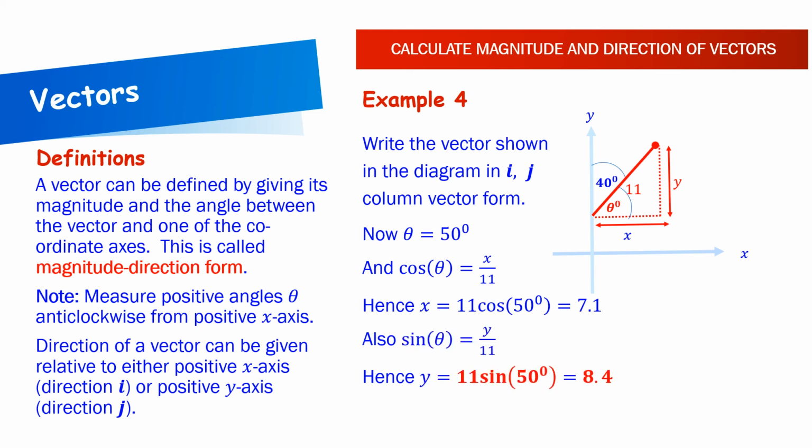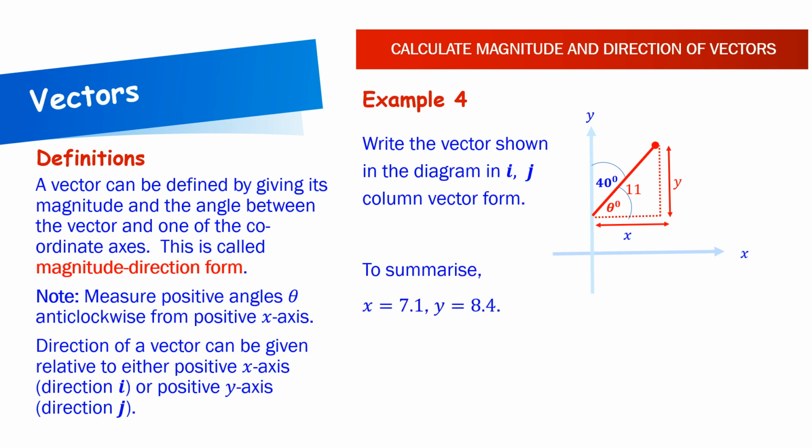And plugging in the values in our calculator gives us that y equals 8.4. So to summarize, we have that x is equal to 7.1 and y is equal to 8.4. So the vector is 7.1i plus 8.4j.